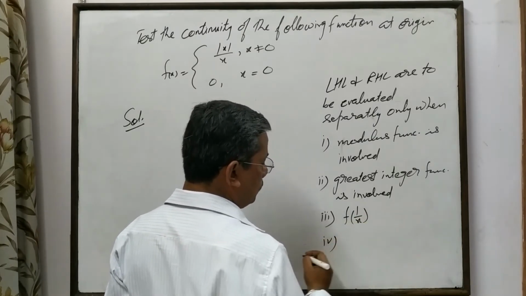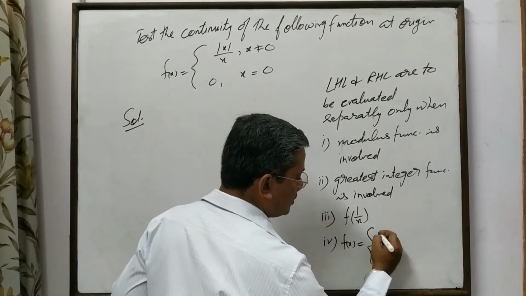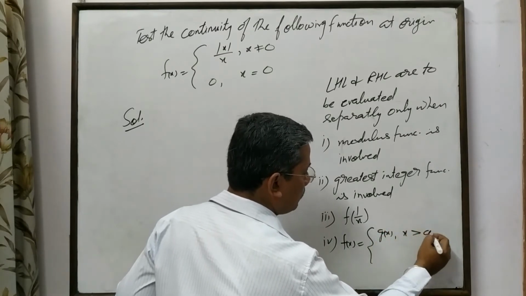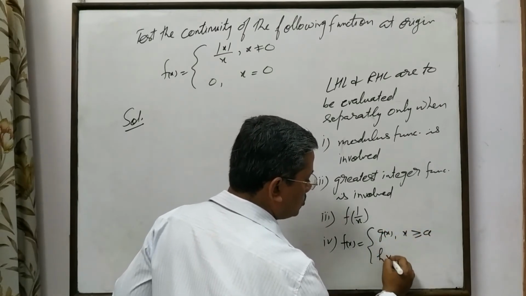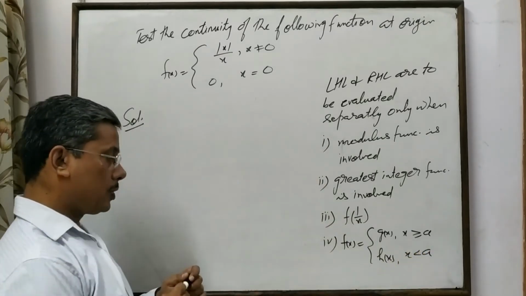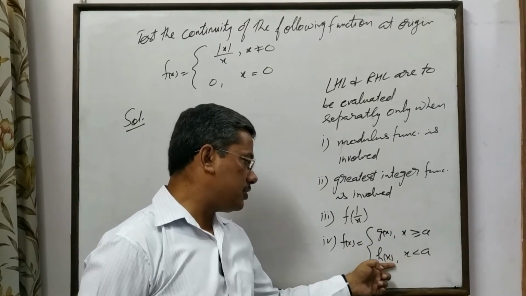or fourth, f of x is defined as g of x for x greater than or equal to a, h of x for x less than a. So for greater than a function is different and for less than a function is different.